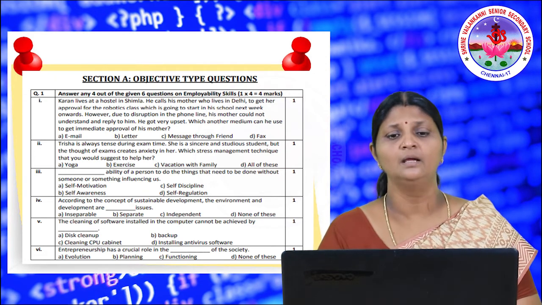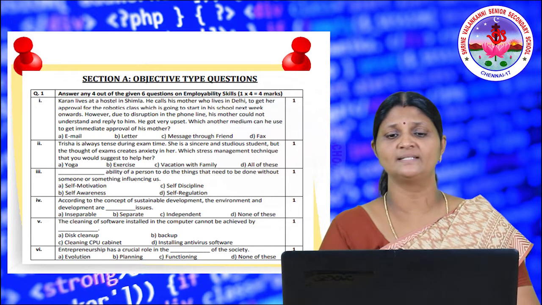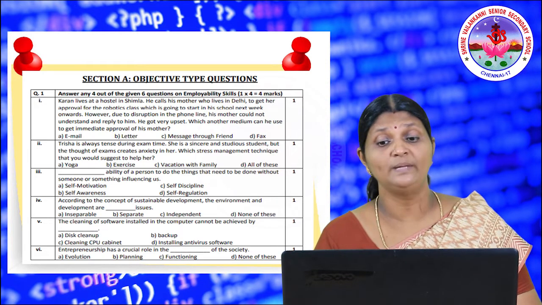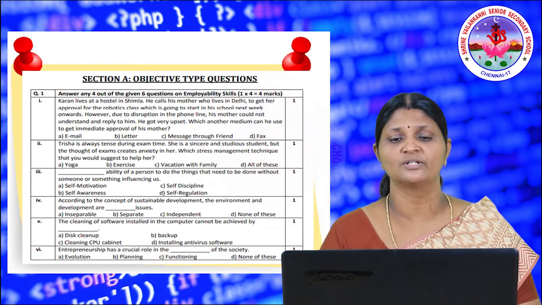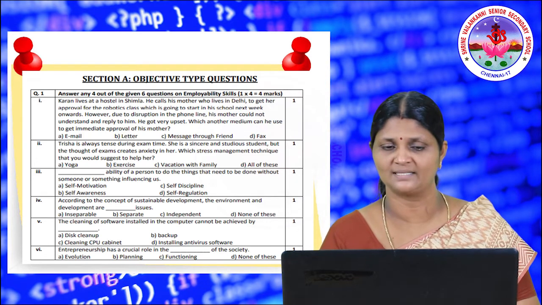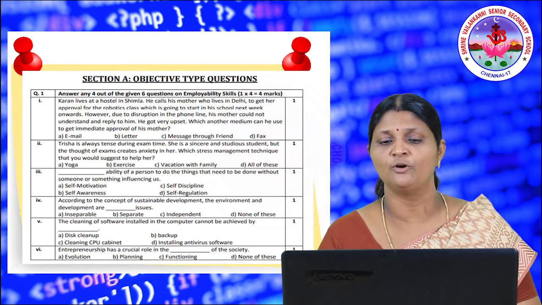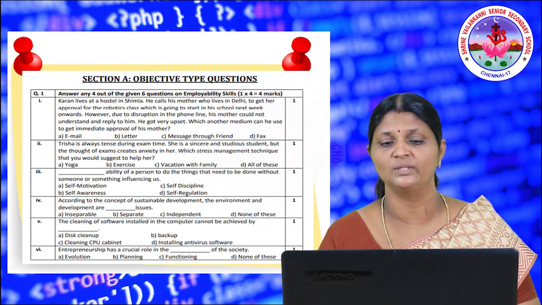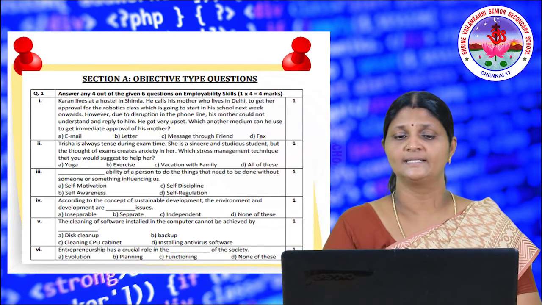Third question, dash: ability of a person to do things that need to be done without someone or something influencing us. I'm repeating the question. Dash: ability of a person to do the things that need to be done without someone or something influencing us.